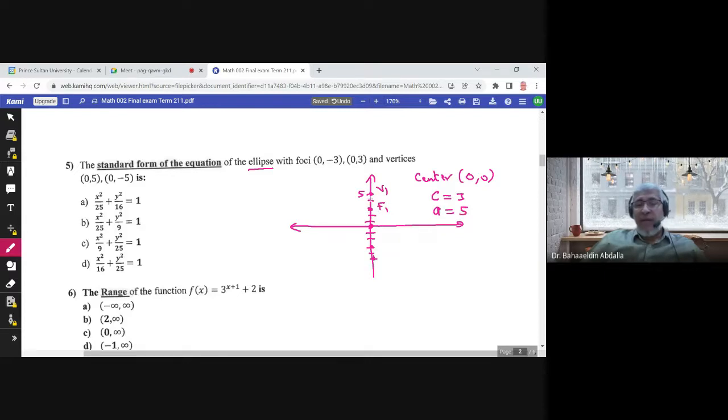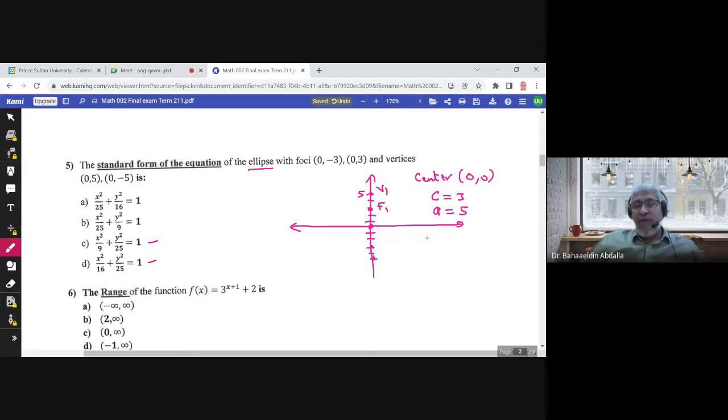And here a is below the y, because this is the y-axis. So we have to have y squared over 25. So it could be now C or D.